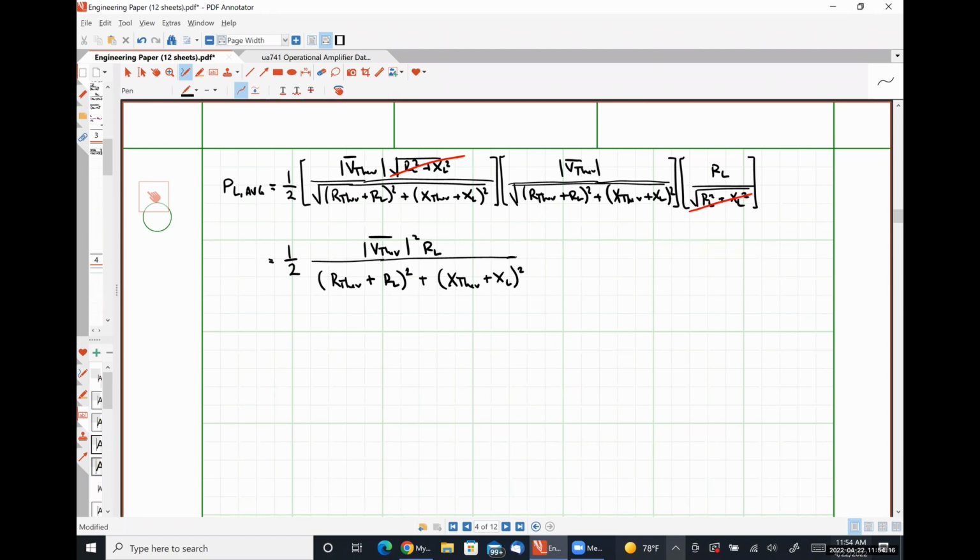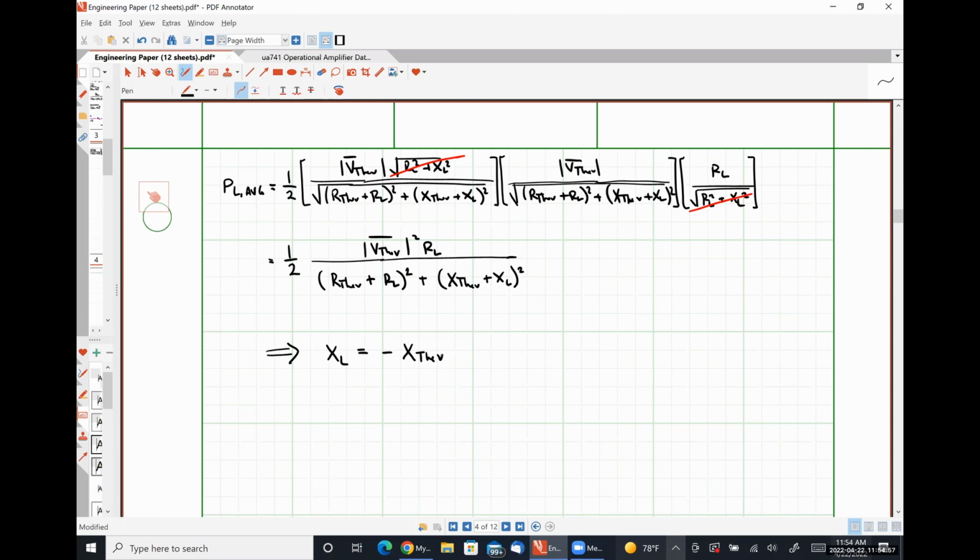So in order to cause maximum average power transfer to occur, we need X Thevenin and XL to cancel each other out, reducing this term to 0. So that means XL needs to equal exactly negative X Thevenin for maximum average power transfer to occur.